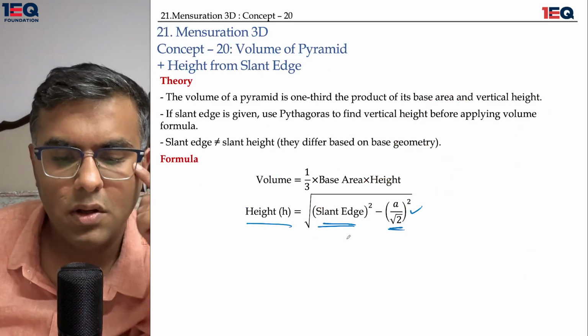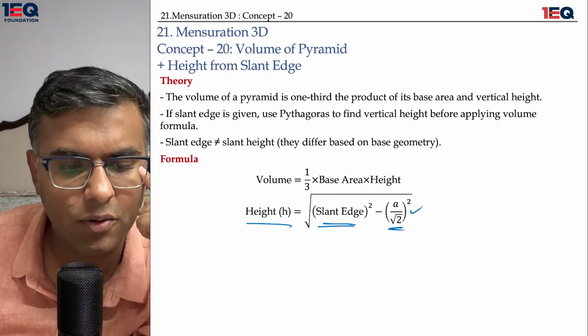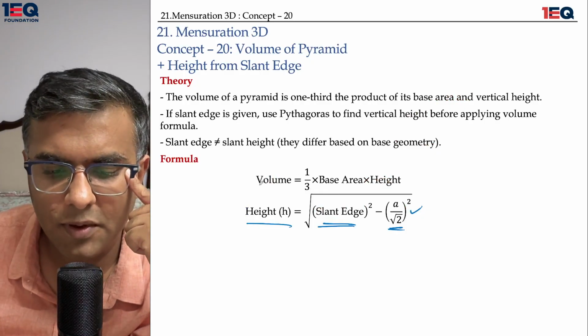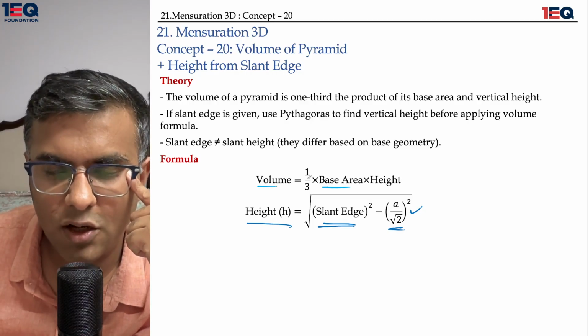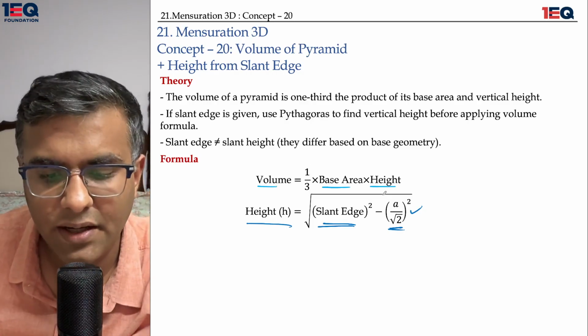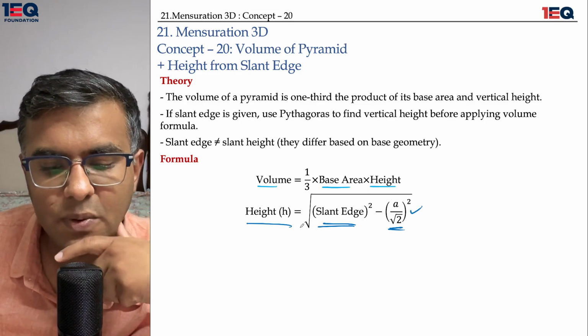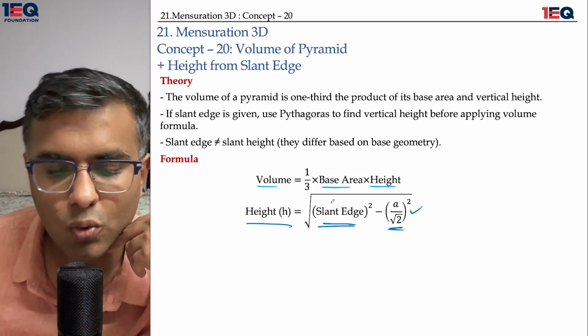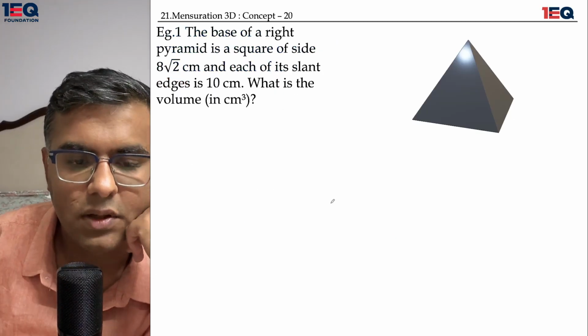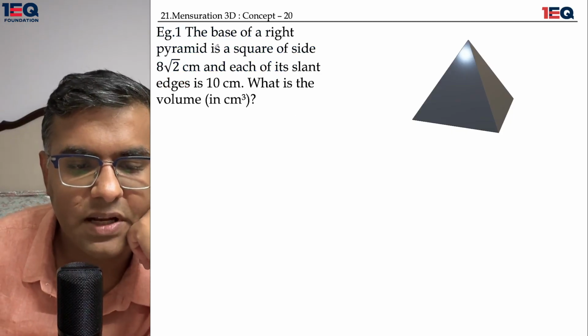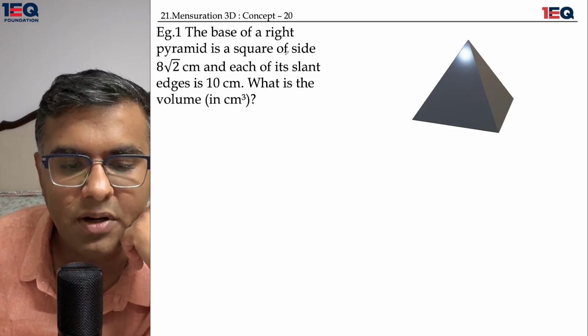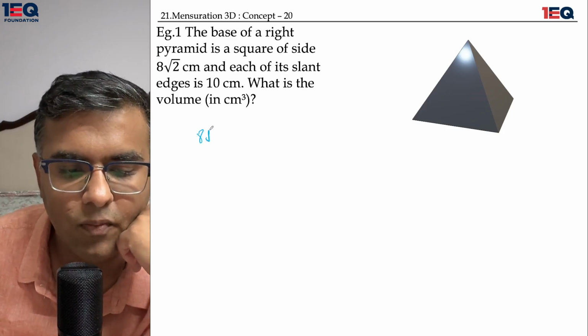Yeah. So here we are going to talk about the volume formula. The volume formula is base area into 1 by 3 multiplied by height. And the slant edge formula is going to be slant edge square is equal to height square plus a by root 2 whole square. So here the volume has been asked. The base of a right pyramid is a square of side 8 root 2.